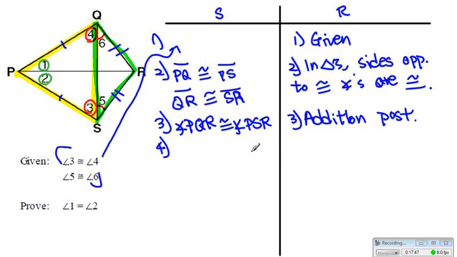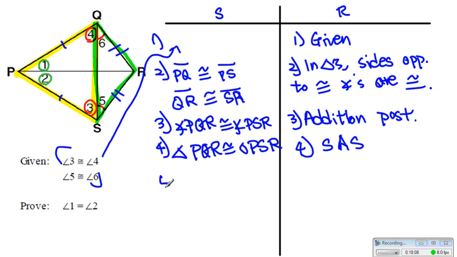Now, we can say triangle PQR must be congruent to triangle PSR by side-angle-side. That makes number 5: angle 1 must be congruent to angle 2, by CPCTC.